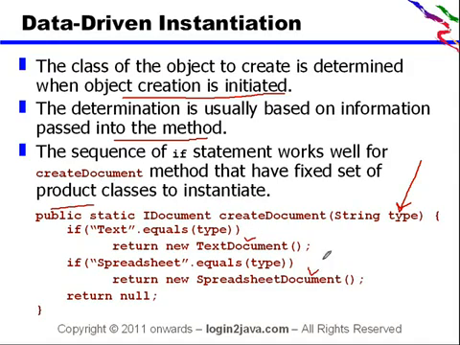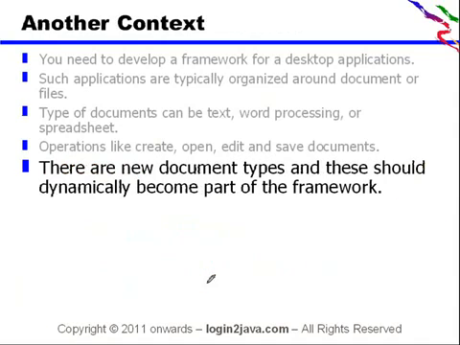Product classes here are text document and spreadsheet document, from our earlier example. So if you see this code, there is a limitation that you can process only two types of documents. For a third type you need to modify the code.